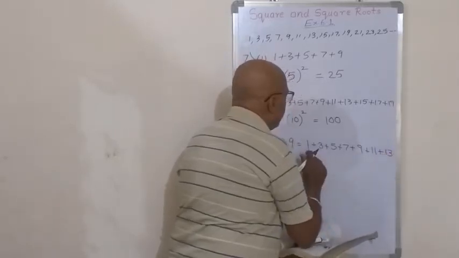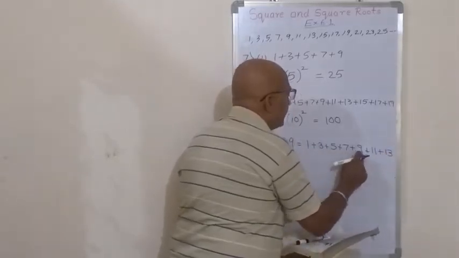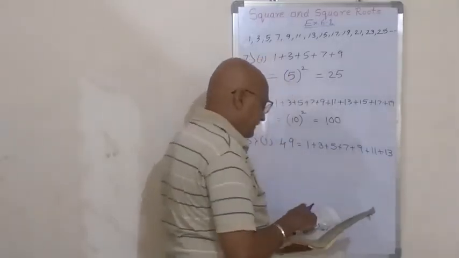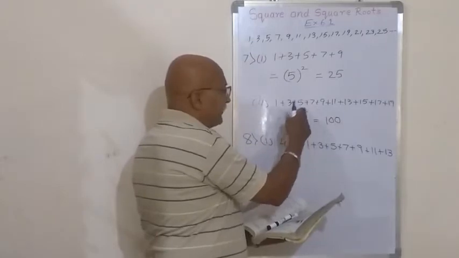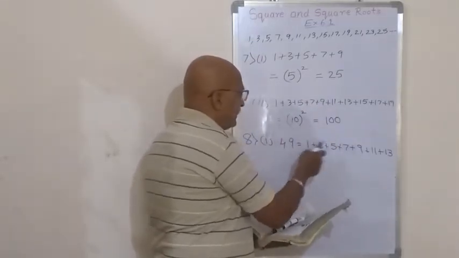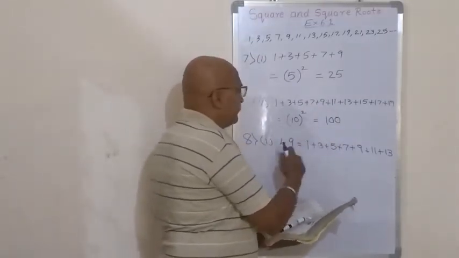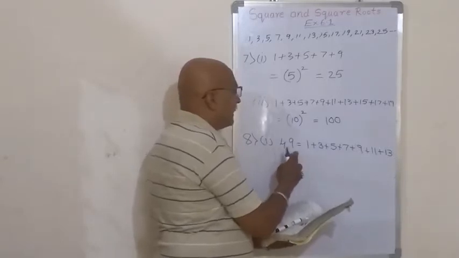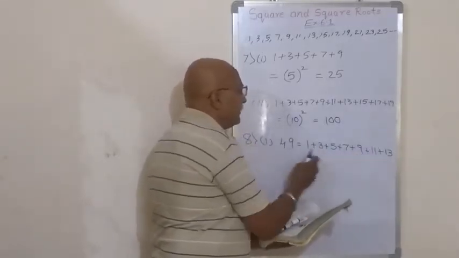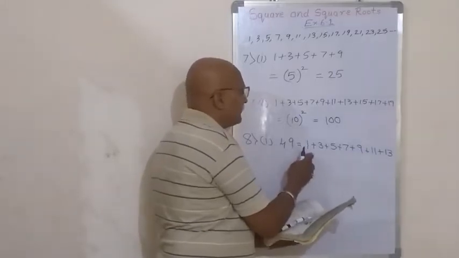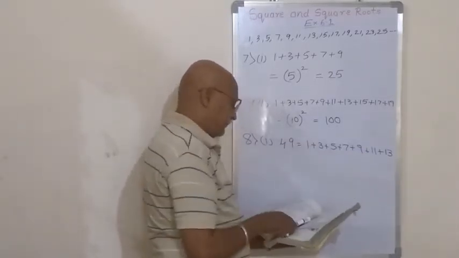You can count here: 1, 2, 3, 4, 5, 6, 7. Here 7 are there. So according to our first rule, 7 square is 49. So we can express 49 as the addition of 7 consecutive odd numbers starting from 1.